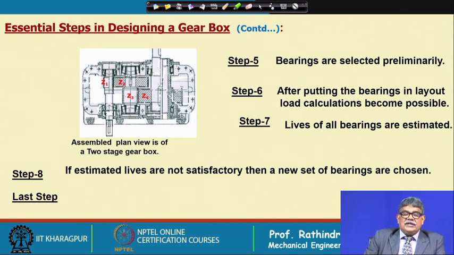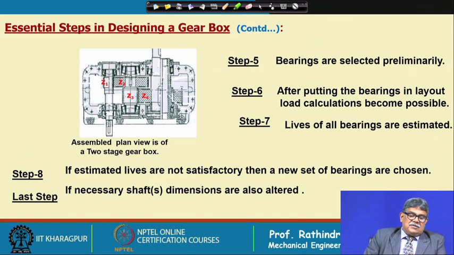Selecting a new set of bearings means either we have to go for a higher series of bearing, if it is a rolling element bearing, and in that case higher series means the inner diameter of the bearing will remain the same but the load capacity will be more, or we may need to increase the inner diameter of the bearing, that means the diameter of the shaft also, that means we have to alter the design.